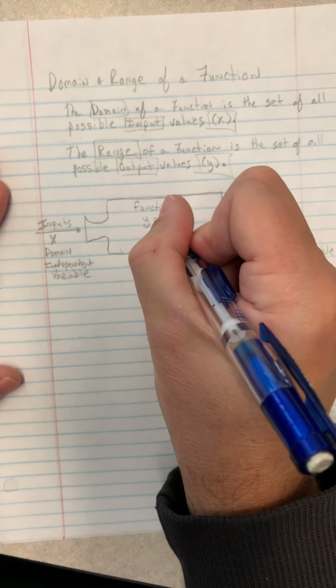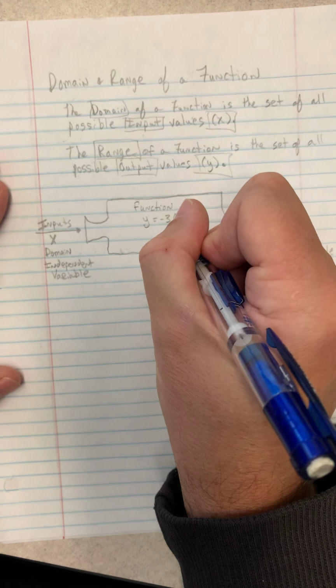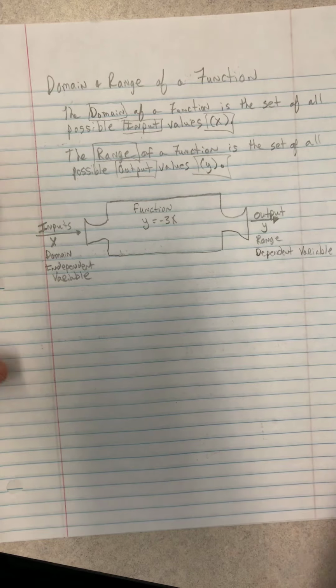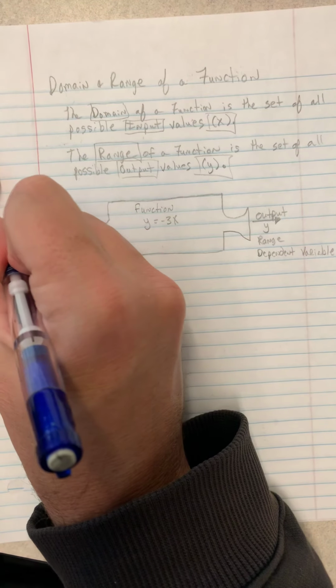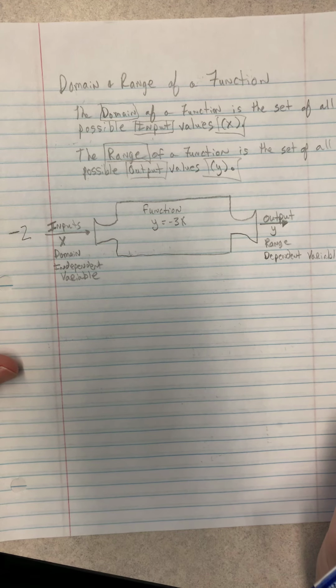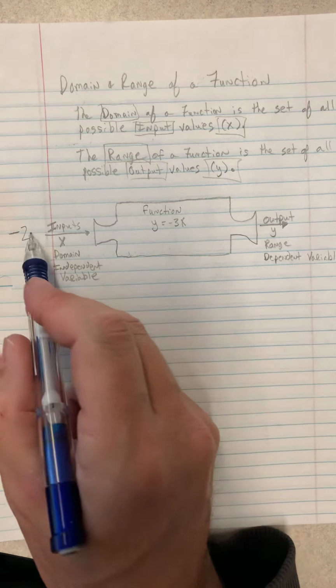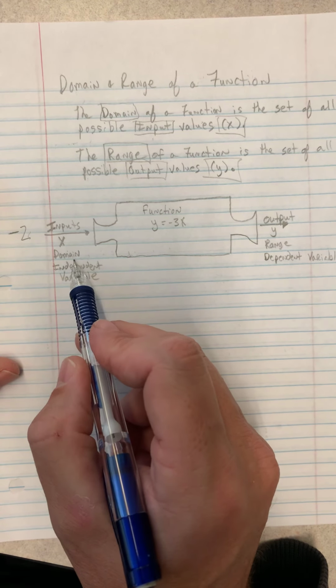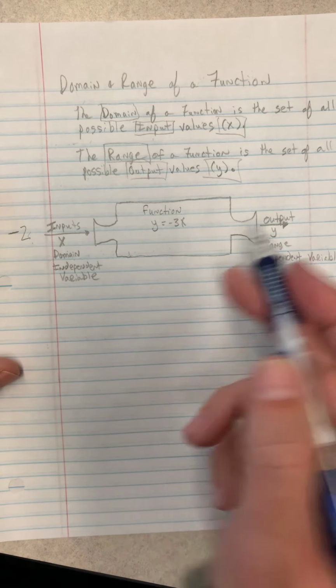We'll take this one. Y is equal to negative 3x. Let's say I have an input, or an X value, of negative 2. I take that input, that X value, the domain, the independent variable, and I plug it in.